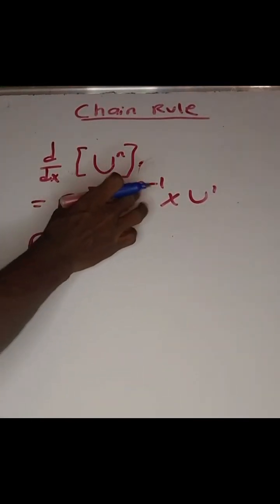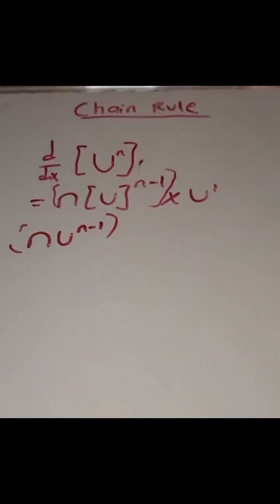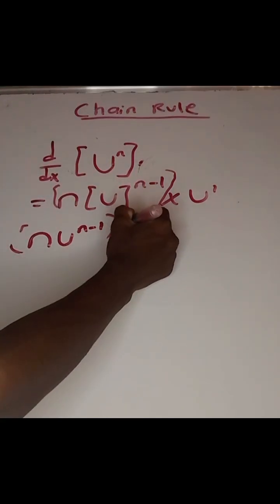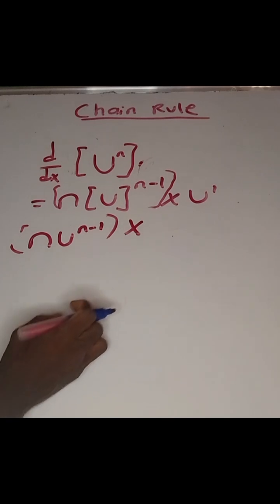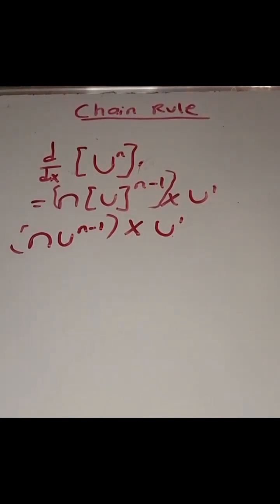So as you can see, they are all the same. But in chain rule, you are going to multiply by what? By the derivative of the inside of the bracket. We mean by u prime the derivative of u.